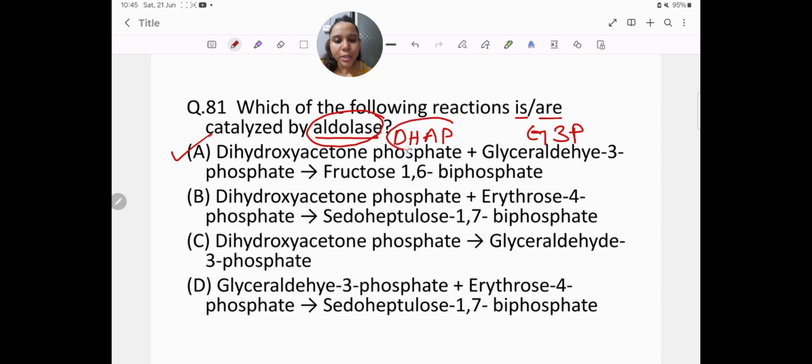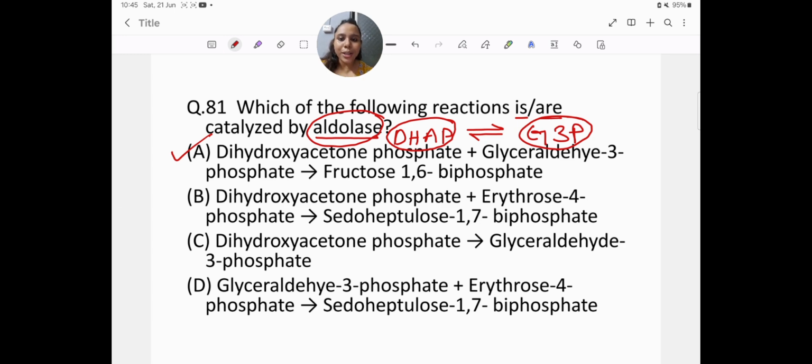One is dihydroxyacetone phosphate and the other is glyceraldehyde 3-phosphate. These two compounds are isomers of each other, and they can be converted into each other by the enzyme phosphotriose isomerase, right?